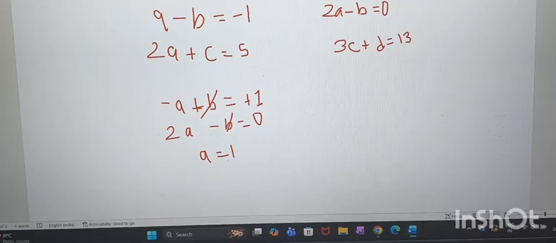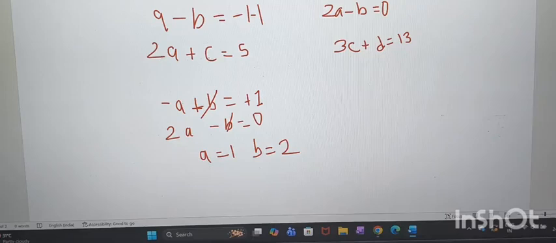Now if a is 1, how will you find b? a is 1. You can send this 1 over here, it will become minus 1. So it's going to be minus b being equal to minus 2. Minus minus cancelled, b will have 2 as its value. Now further, to find the c value, because we already know a value, that is 1.